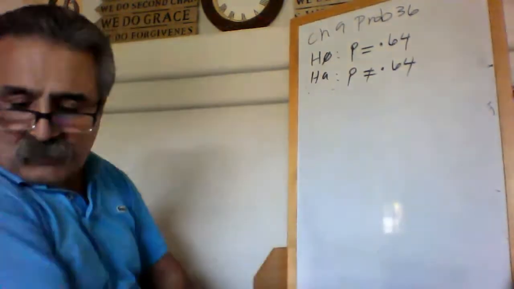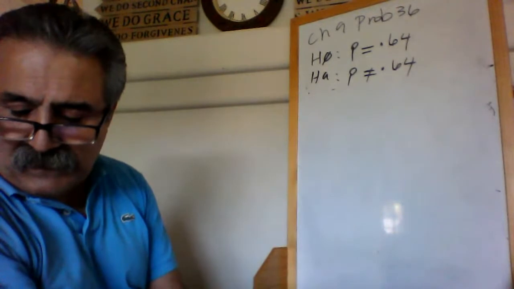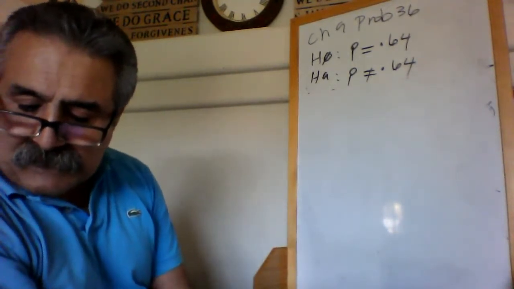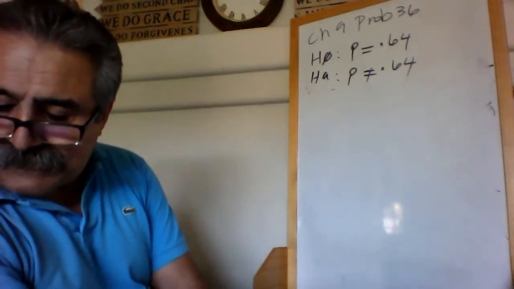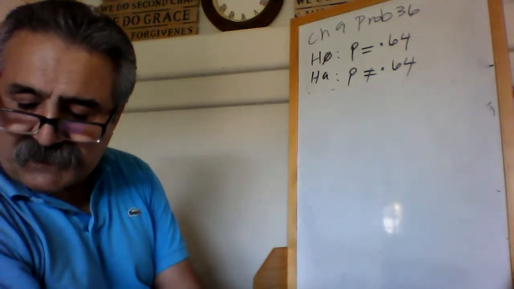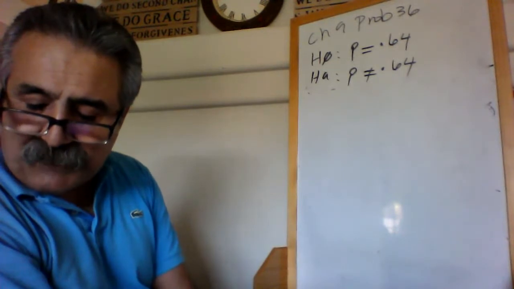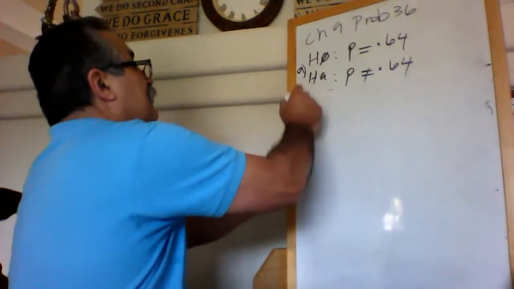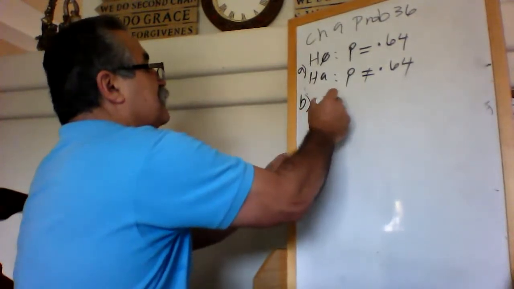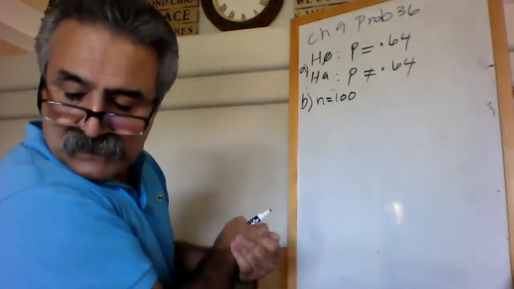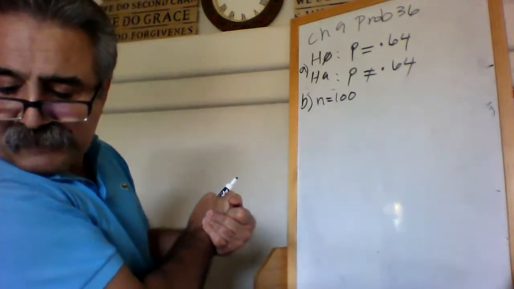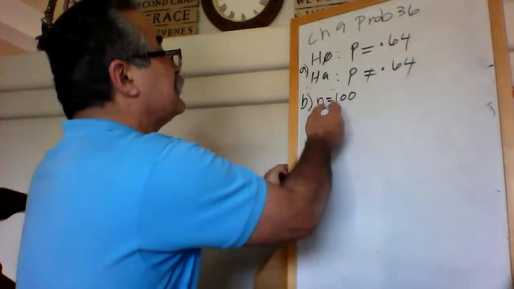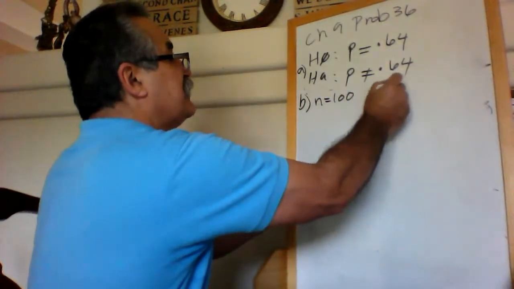This is part A. For part B, they want us to find the p-value if the sample of 100 showed 52 stating that, so n is equal to 100 and X is equal to 52.